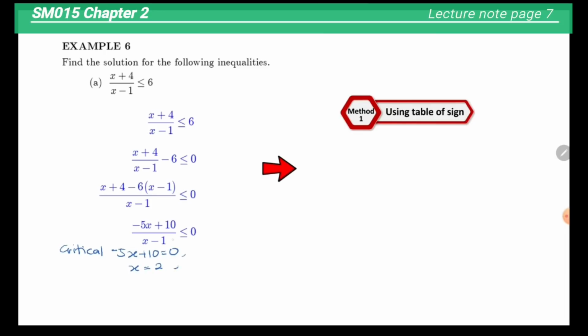Another one is we solve the factor on our denominator, which is x minus 1 equal to 0, so x equals 1. Now we can draw the table by using the critical numbers that we have, which are x equal to 2 and x equal to 1.